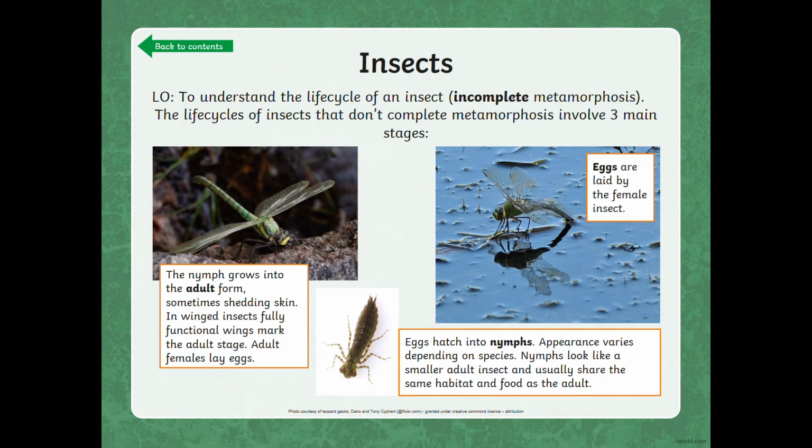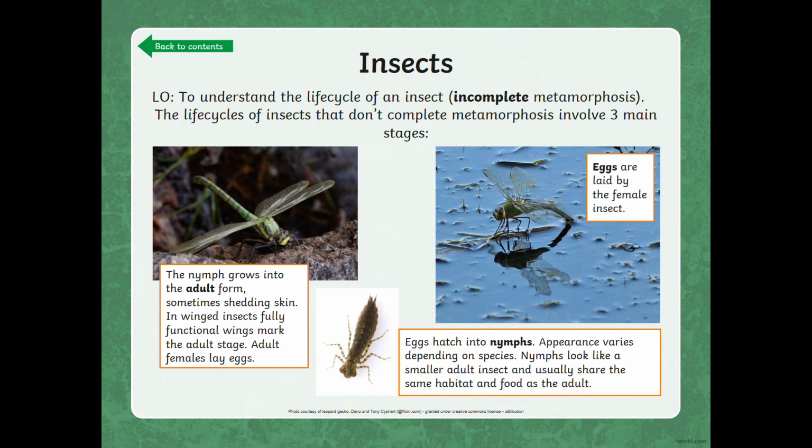Nymphs look like a smaller adult insect and usually share the same habitat and food as the adult. So rather than it being a larva, which is completely different to the adult insect, in some insects they are nymphs. The nymph then grows into the adult form, sometimes shedding skin.